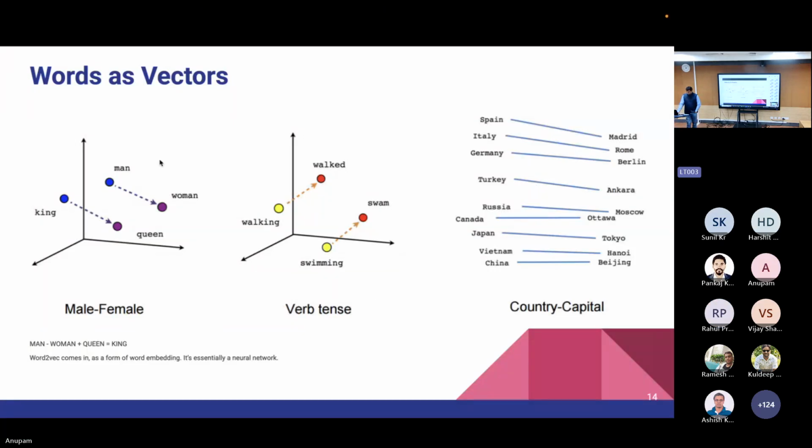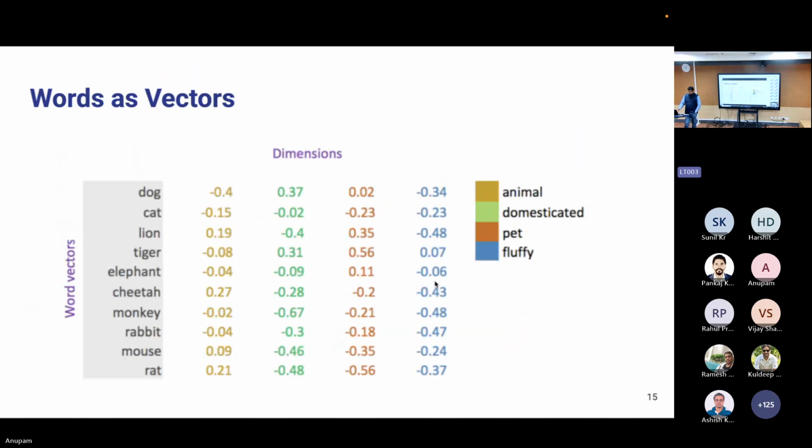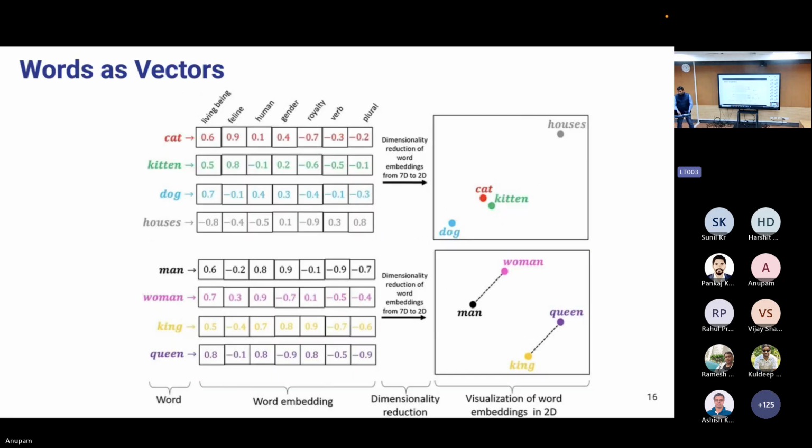Okay, so this is one example of words represented as vectors. When I was talking about n dimensions, let's simplify and think of 7 dimensions. Here we have 7 dimensions, and for all these words we put a number between -1 and 1 for all these attributes.